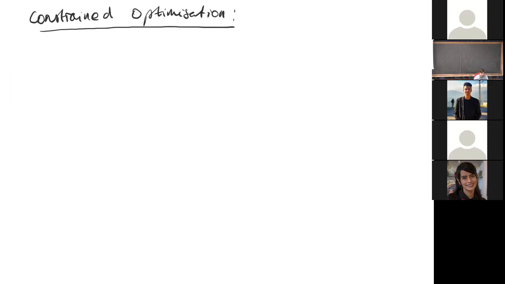Let's see first what type of problem we can solve with this method. It's called constrained optimization. Let's say you have some function from R^n to the reals.